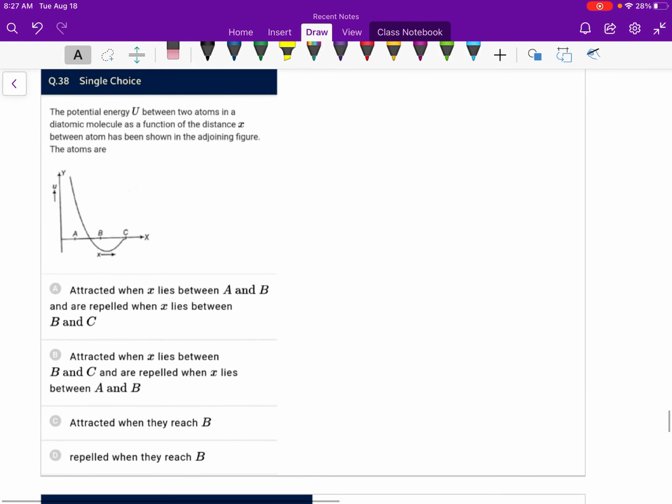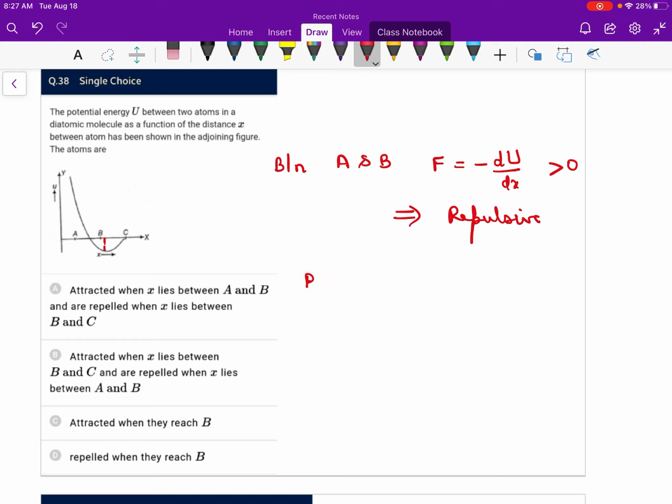The potential energy has been shown in the diagram. It is attractive when X lies between A and B. So B is the equilibrium position. Between A and B, F, which is minus dU by dx, is greater than 0, which means force is repulsive.